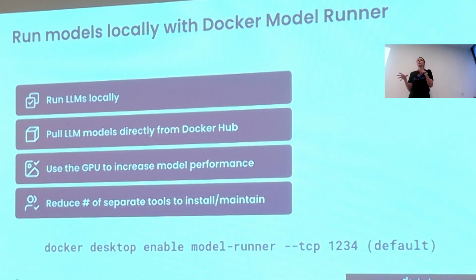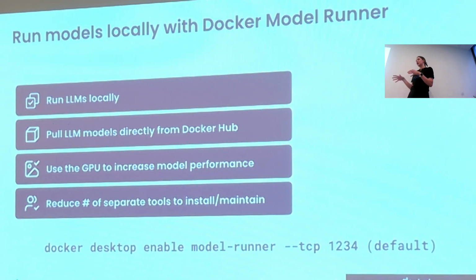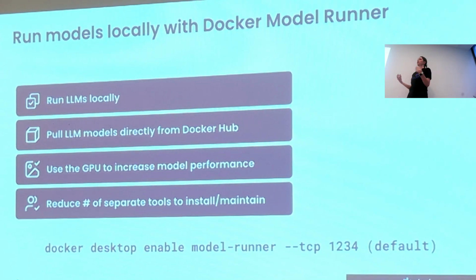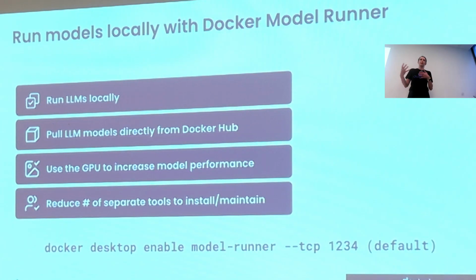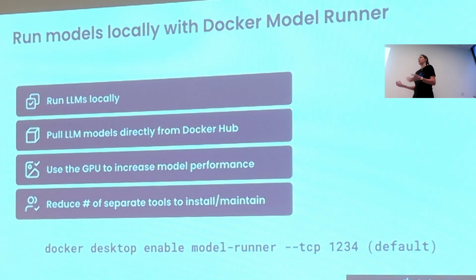It will be stored in Docker Hub as an OCI artifact. So we are moving in the direction of being the storage not only for containers, but for the models, and making the experience of using the models locally as simple as using the containers.